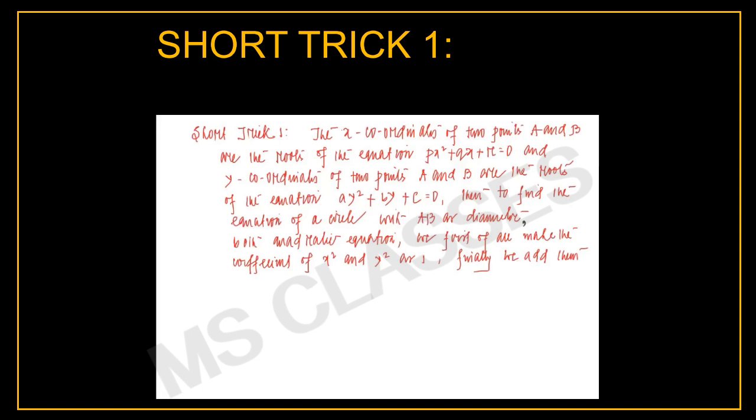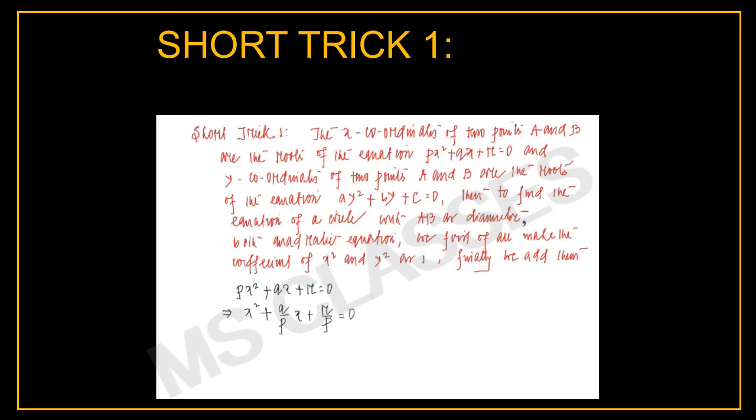First of all, we had the equation px square plus qx plus r equal to 0. To make the coefficient of x square as 1, we divide by p. So if we divide by p, we get x square plus q by p into x plus r by p equal to 0.